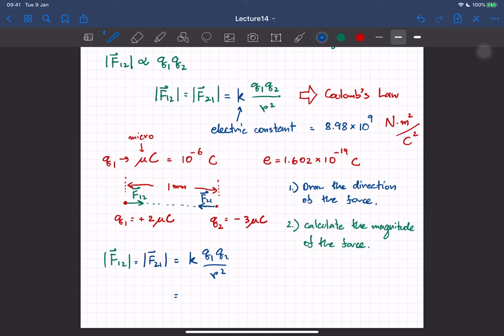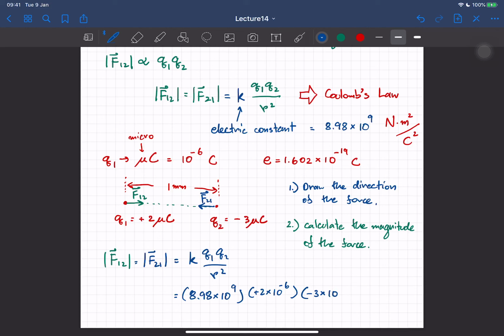So let's just plug in the numbers in the right unit. So 8.98 times 10 to the 9, that's for K. It's in the correct unit here, I'm not going to write it down. And then Q1 is plus 2 times 10 to the minus 6, so this minus 6 is for microcoulomb. And then times this Q2, which is negative.